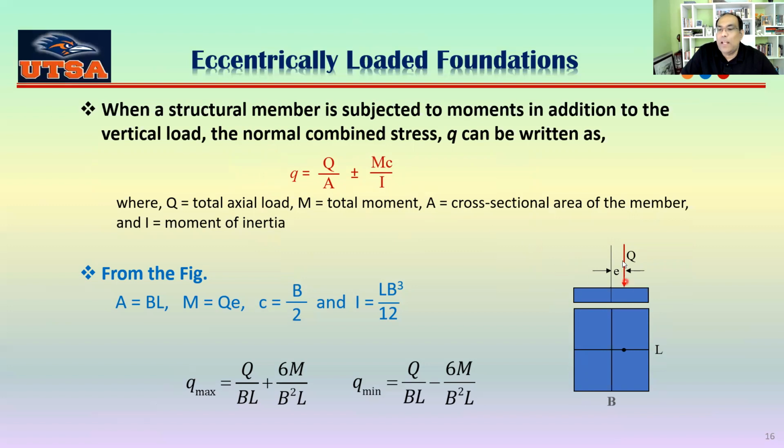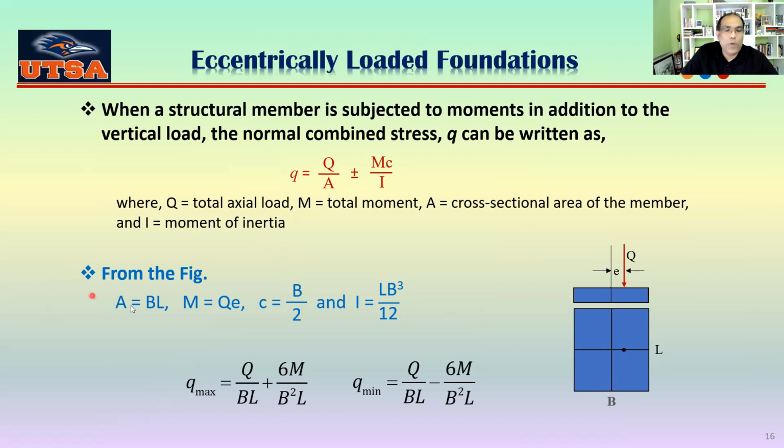M is the moment that will be created, which is Q into E. C is the distance from here to here, B by 2, and I is the moment of inertia along that line here, which is actually LB cubed by 12.